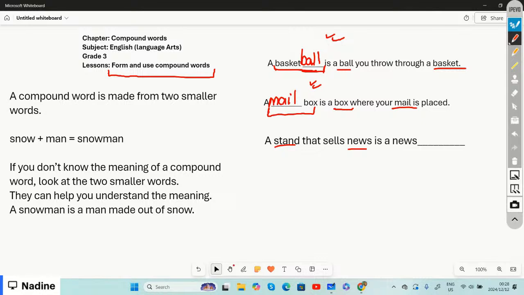No, remember, a stand that sells news. So it's not the actual newspaper, but it is a stand that sells the news.